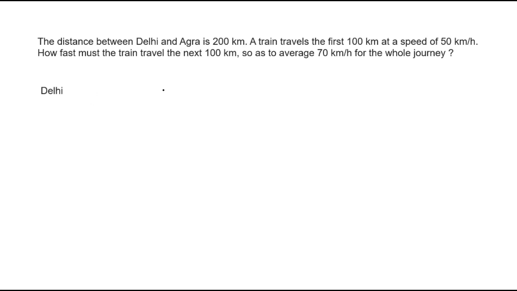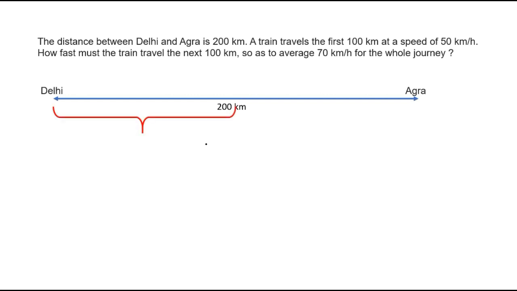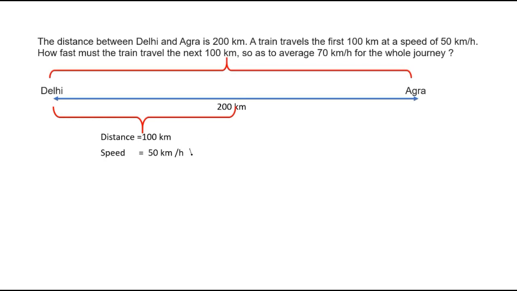So let us have a bit of visualization. Delhi and Agra is 200 kilometers. A train travels the first 100 kilometers, somewhere here, at a speed of 50 kilometers per hour, right?